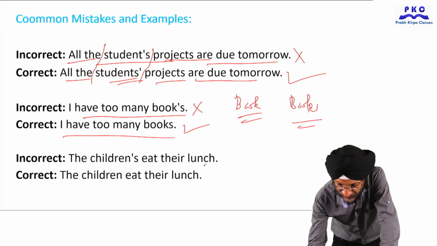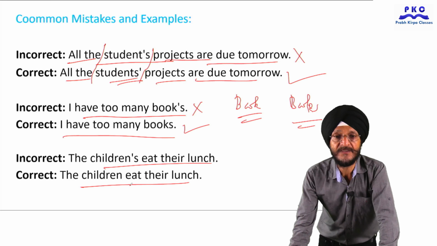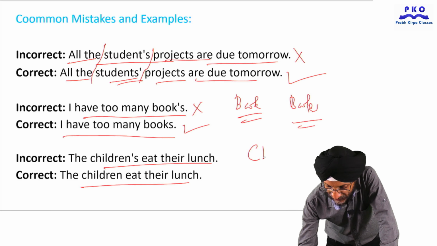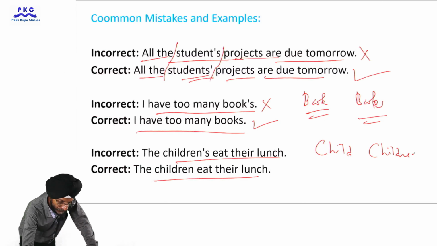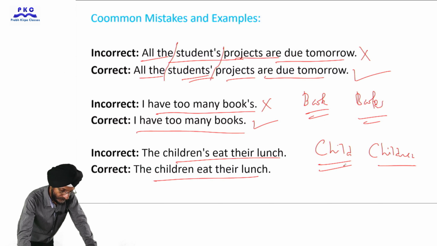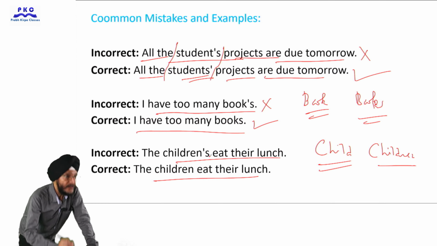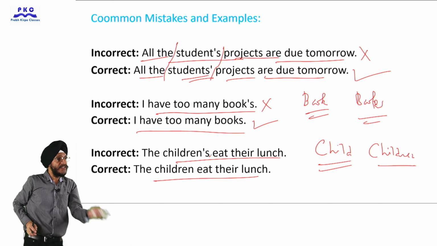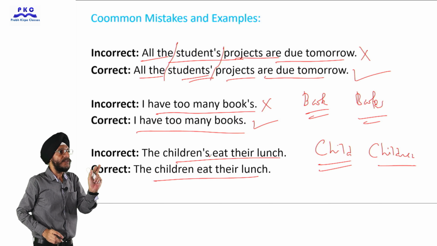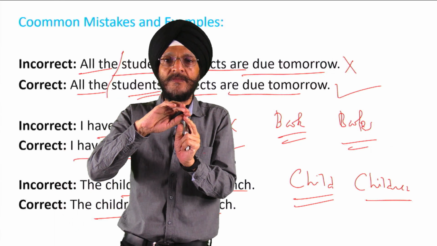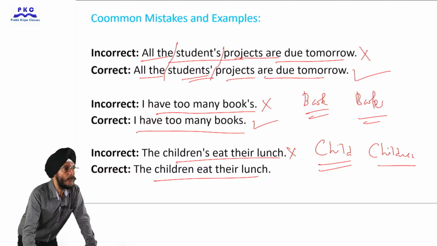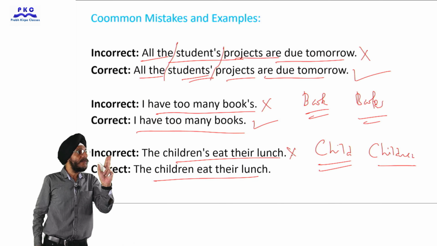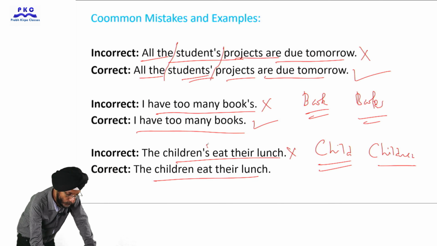The children eat their lunch, which is correct. Child is a singular form and the plural form is children. Use of apostrophe here, as in children's eat their lunch, is incorrect, because we have wrongly used an apostrophe.